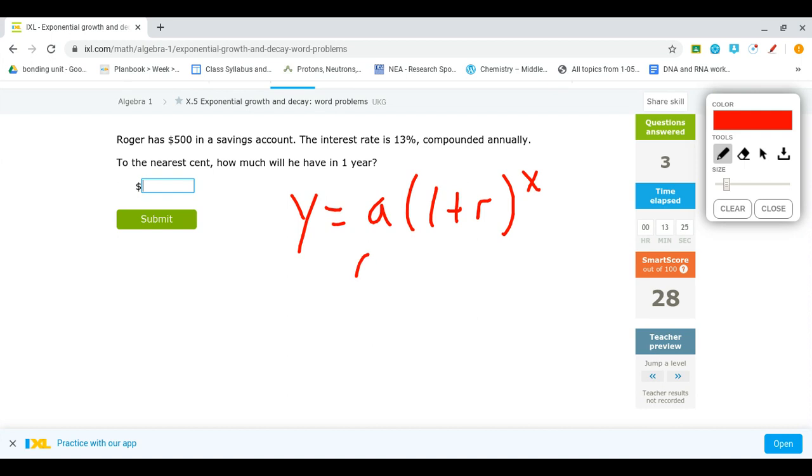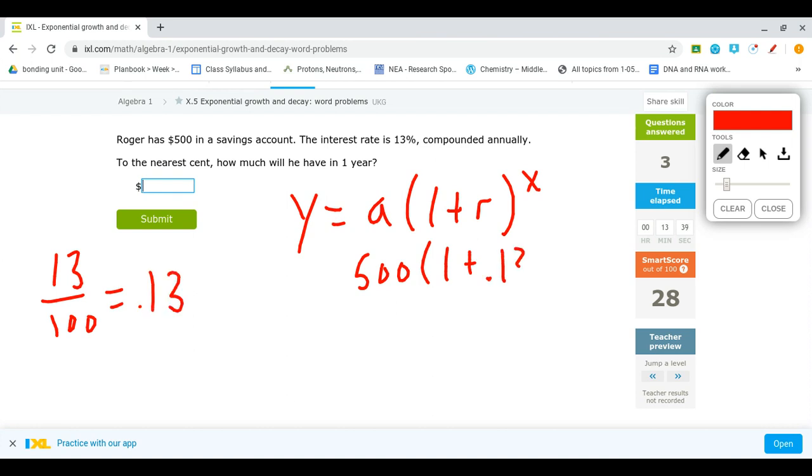He has $500 in an account. The interest rate is 13%. 13 divided by 100 is 0.13. To the nearest cent, how much will he have in 1 year? So X is my time interval. And I could go ahead and simplify.